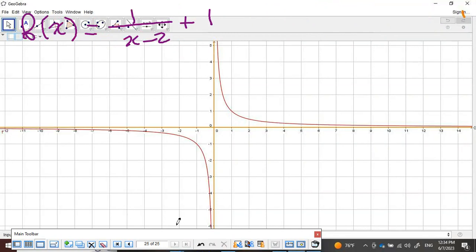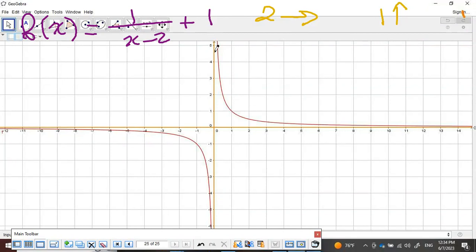The last one that I want to do is when I have more than one transformation. The best way is first to move the asymptotes. What are the transformations I can see here? I have 2 units to the right and I have 1 unit up. When the function is moving, the asymptotes will move with it. So the best way is to move the asymptotes first.